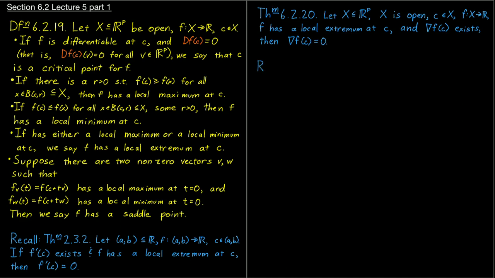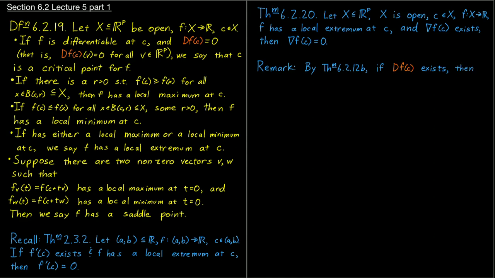And we remark, by theorem 6.2.12b, if the full derivative, not just the partial derivatives, exists, then theorem 6.2.12b says that if the full derivative exists, then the gradient exists, and the full derivative is the inner product with the gradient.